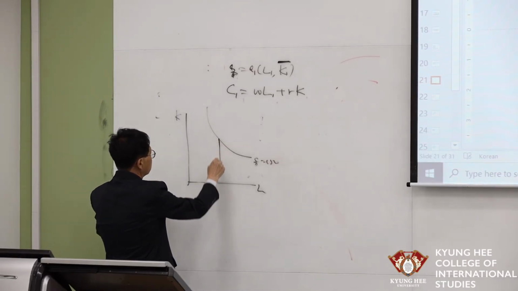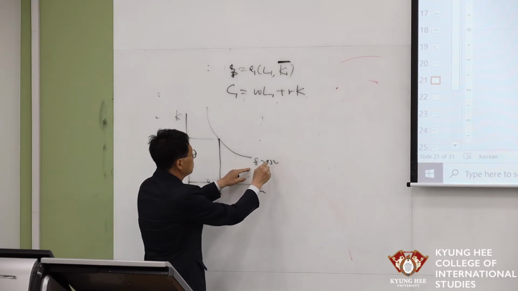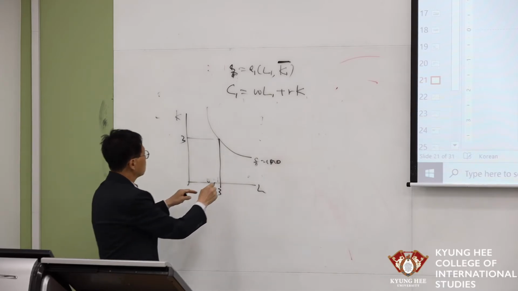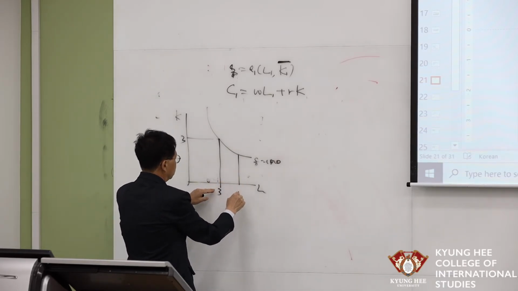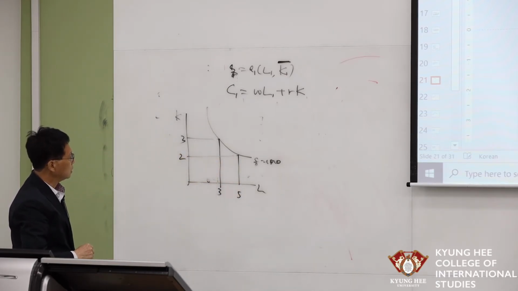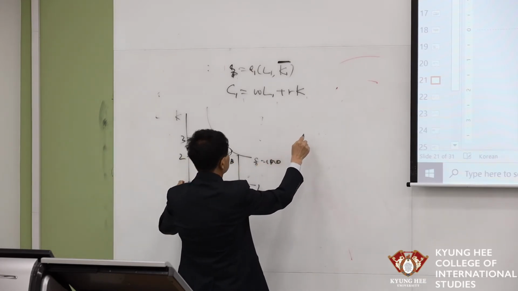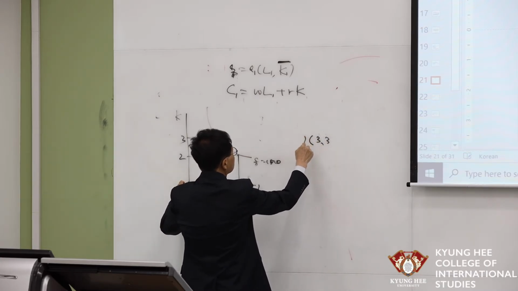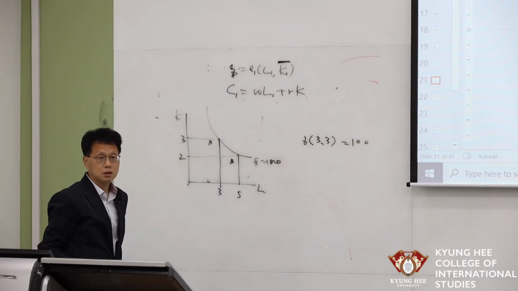So now, for example, you hire 3 labor and 3 capital ovens and produce 100 pans of pizza, right? Anyway, at point A, the production function means 3 labor input and 3 capital input, leading to 100 pans of pizza, okay?